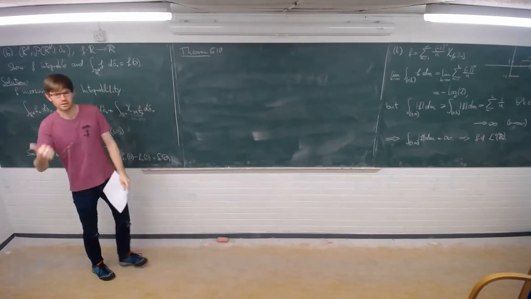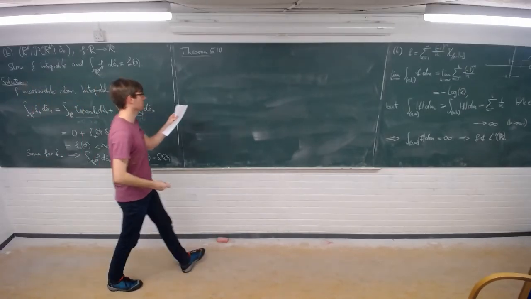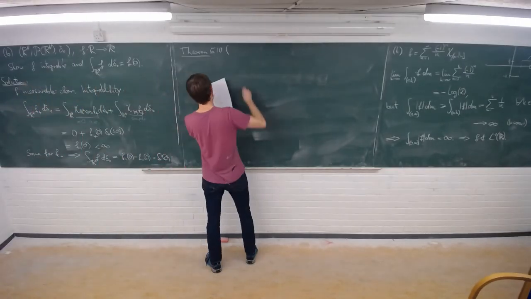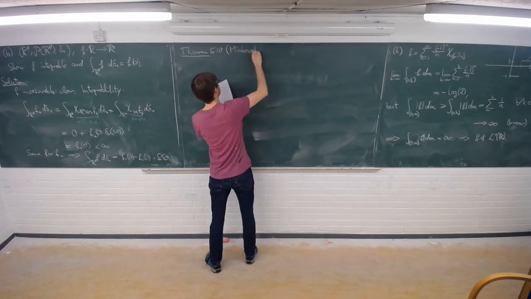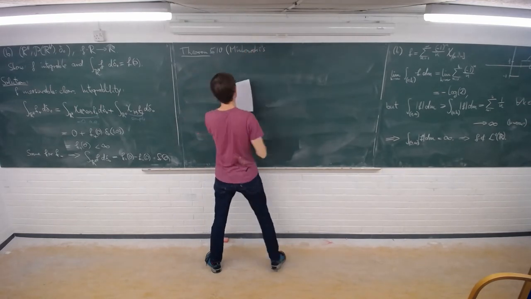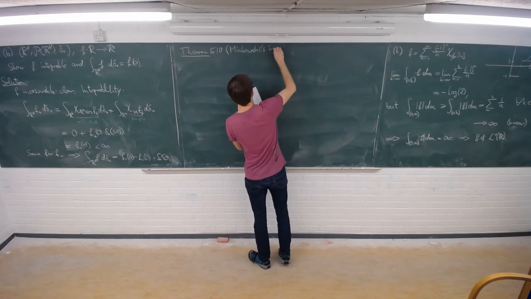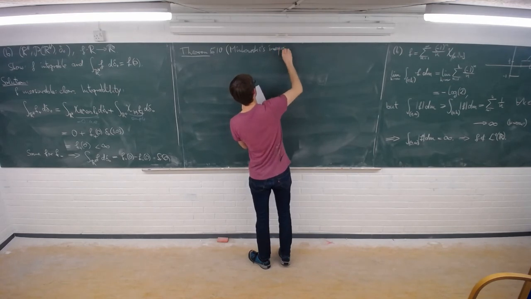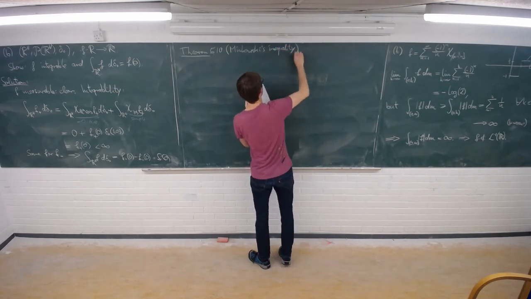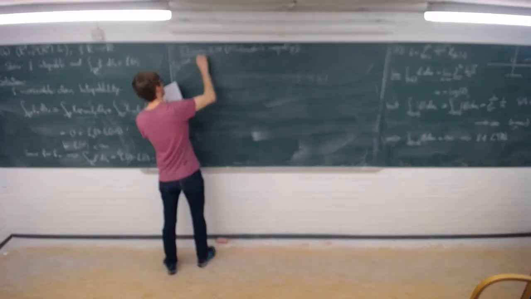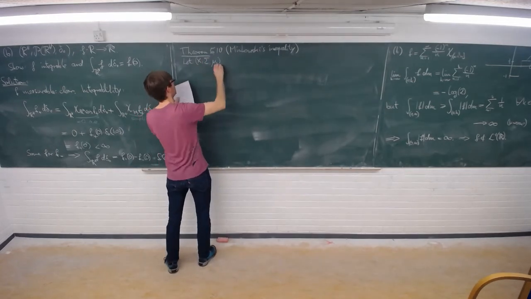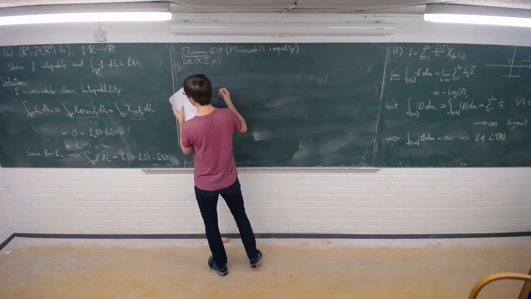So we've had Jensen's inequality, we've had Hölder's inequality, and the next theorem is Minkowski's inequality.